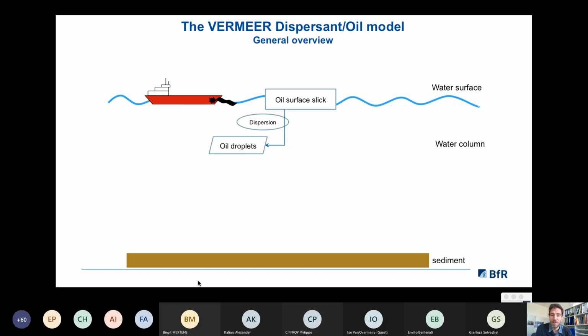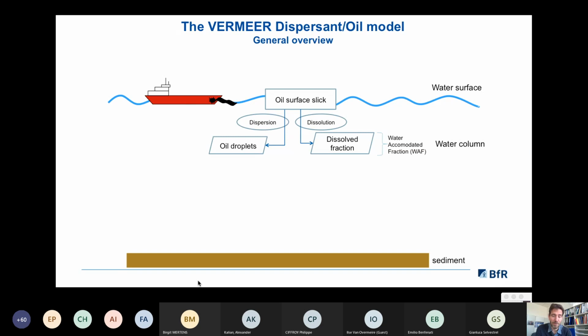And there's always also some natural dispersion. That means that via the wave action, the surface slick will to some extent break up and little droplets are formed, which are then entrained into the water phase. And these little oil droplets are then floating in the water phase.